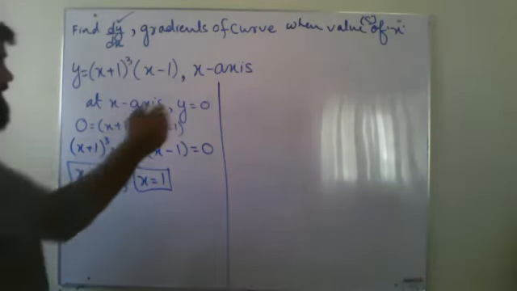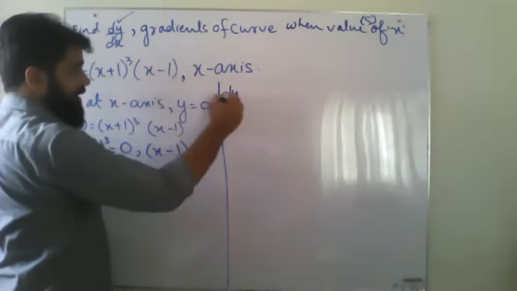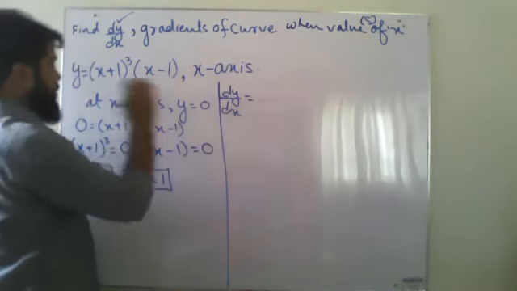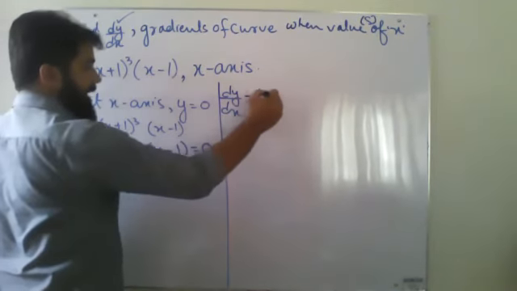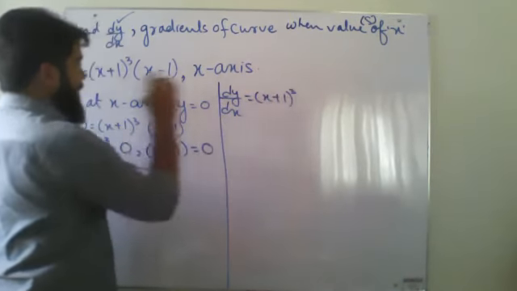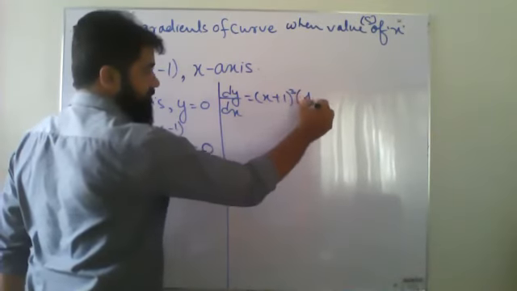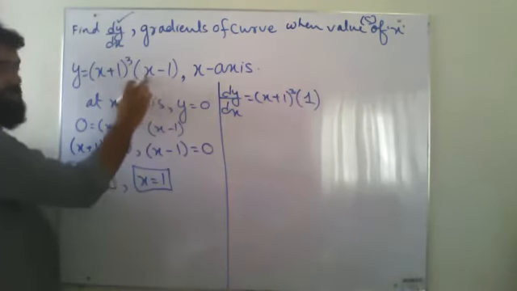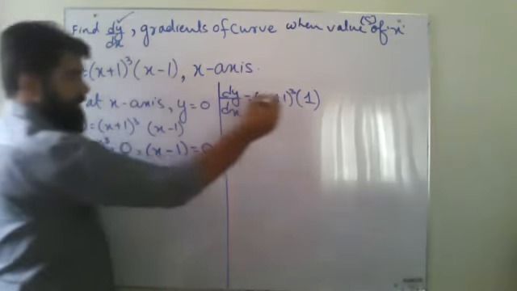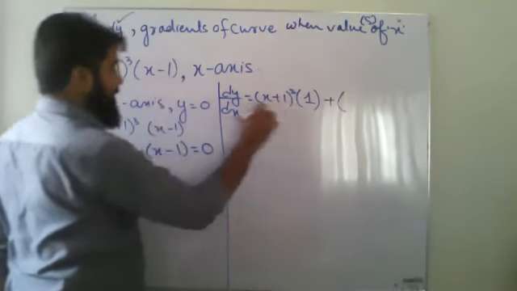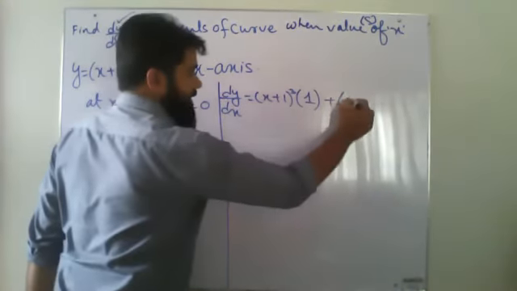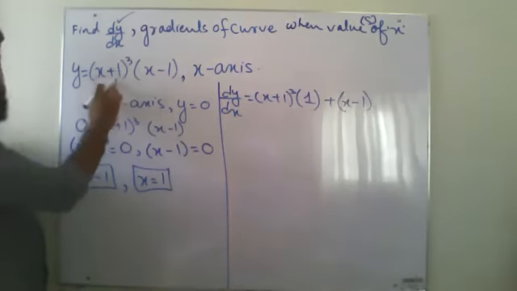The formula says dy over dx equals to u, that is (x plus 1) whole cube, times derivative of v, that will become 1, plus v, (x minus 1), times differentiation of this.